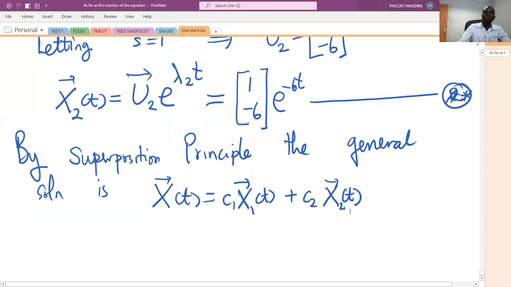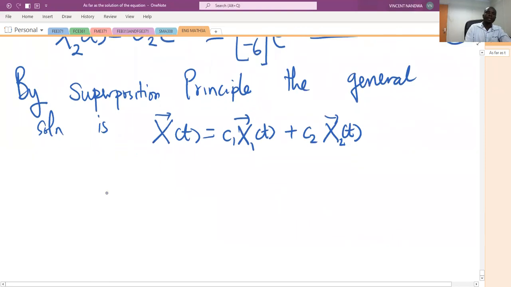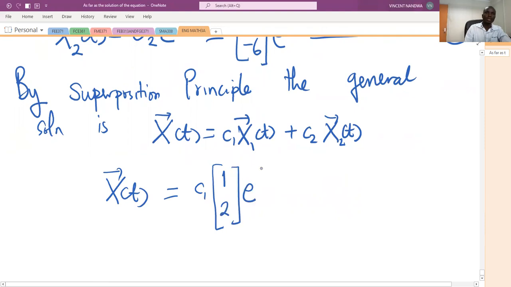So you get x of t to be C1, and then the first vector was 1, 2, times e raised to the power 2t, plus C2, then this other vector 1, minus 6, e raised to the power minus 6t.